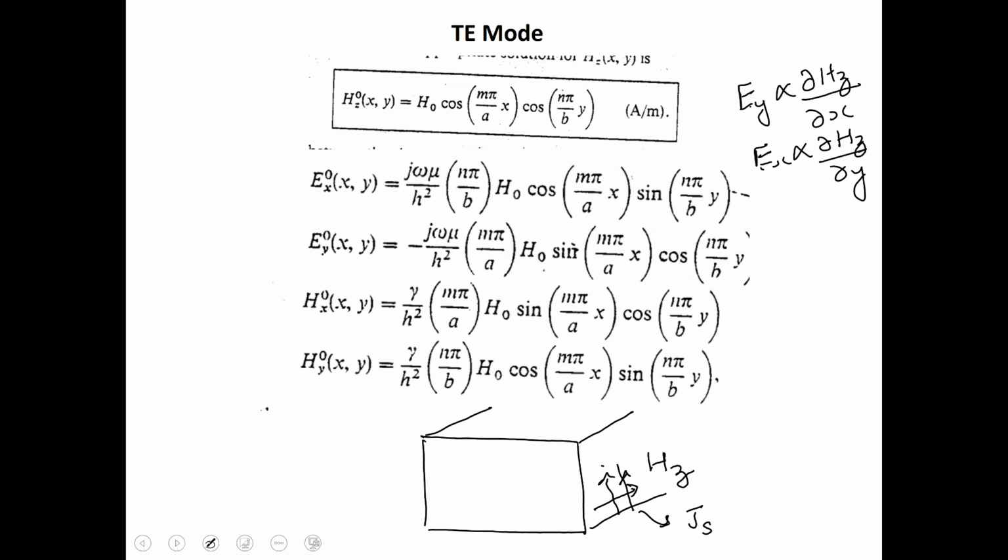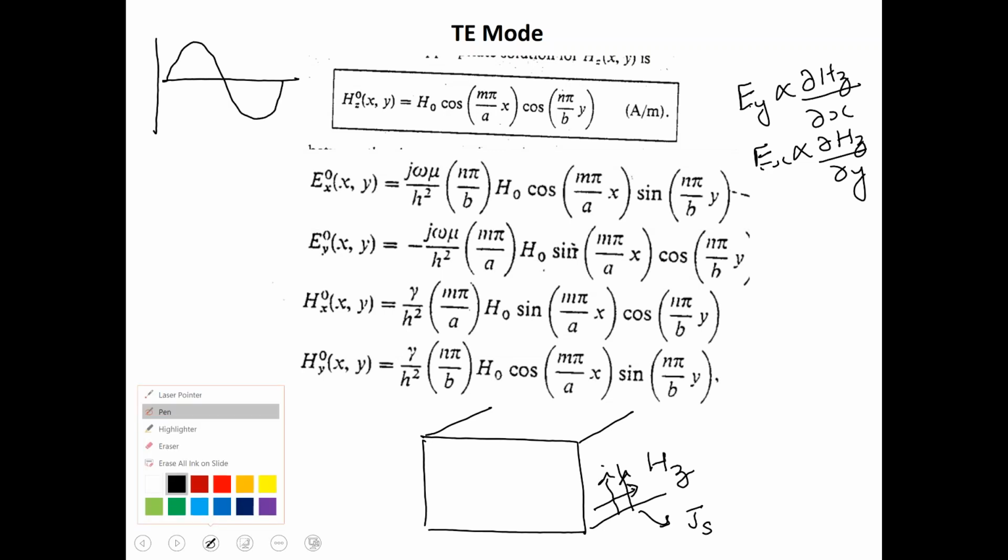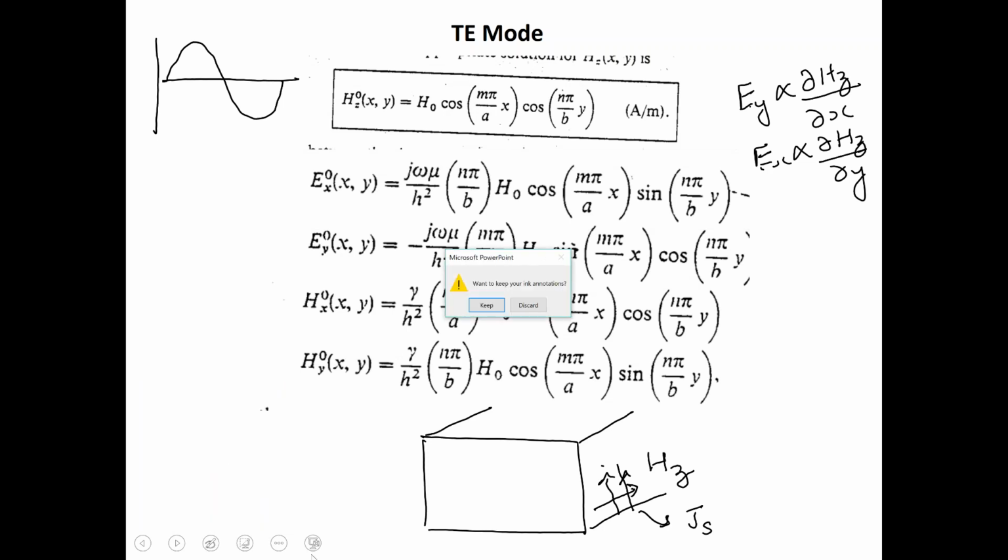So at those two boundaries, the field has to go to zero, hence the derivative of the HZ field has to go to zero. Remember, if we take a look at the sine function and the cos function, the sine function follows like that. The cos function is basically a function which is off in phase by 90 degrees.